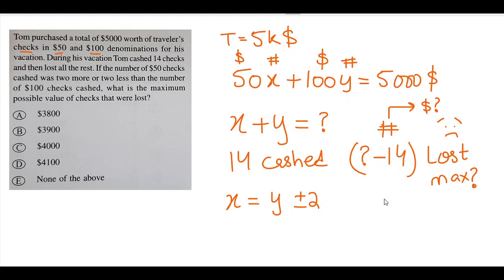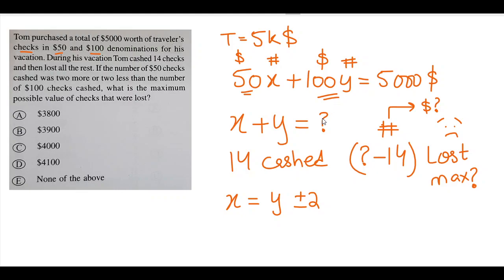So if I want to make this maximum, one thing I can do is make all 14 of the cashed checks be X. Why? Because I want the lost number to be as big as possible. X has a smaller value attached to it, and Y has a bigger value.